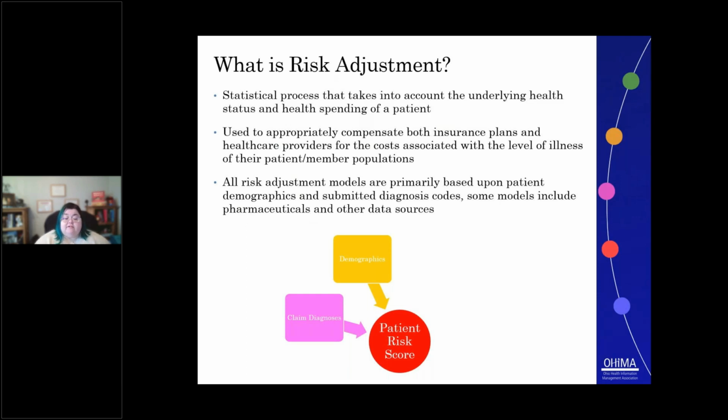Some risk adjustment models may also include pharmaceutical drug codes as part of that overall health status score. And some models may also allow for supplemental code submissions outside the regular claim process. But primarily, the source for the medical condition information comes from those claim diagnoses and claim submissions.